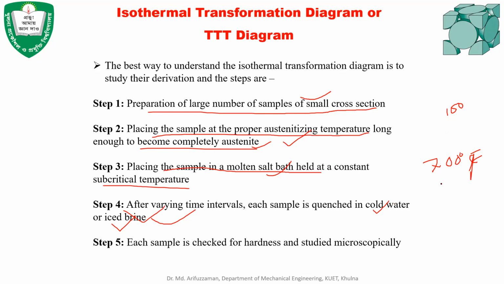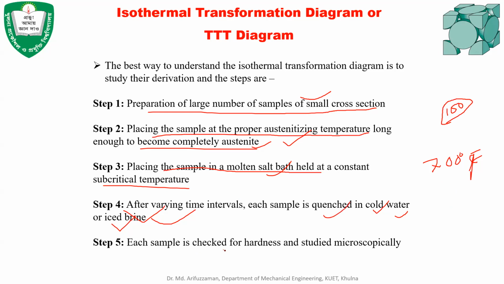After 20 seconds you take another sample out and quench it in the cold water. After 1 minute you take another sample, after 5 minutes you take another sample. Like this you continue to take out all 100 samples and quench them in the cold water.